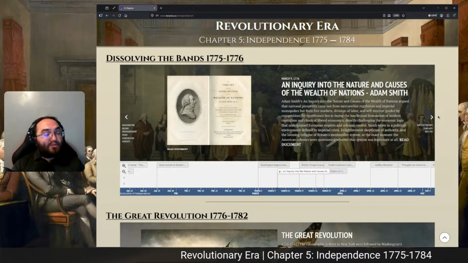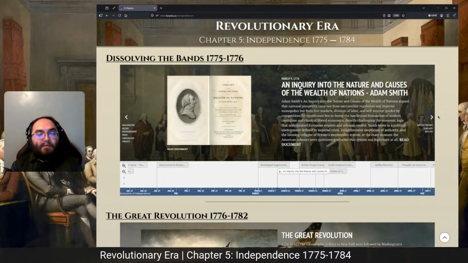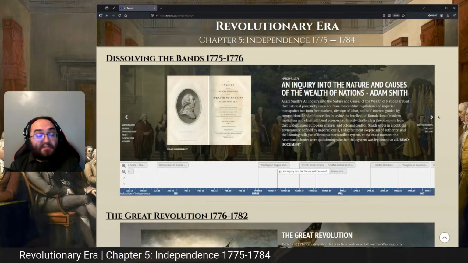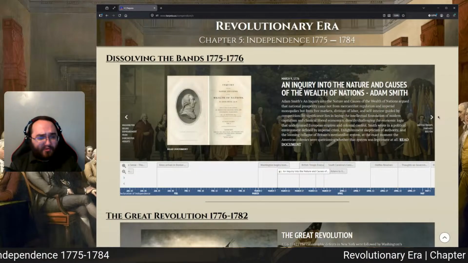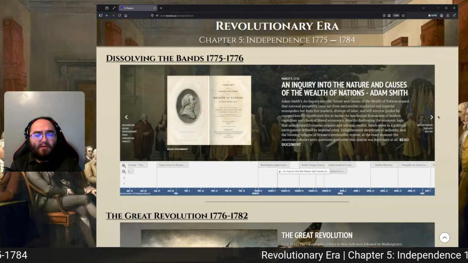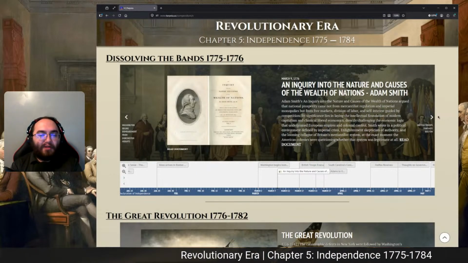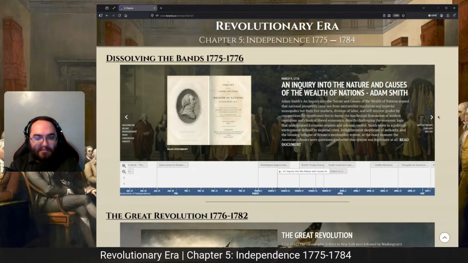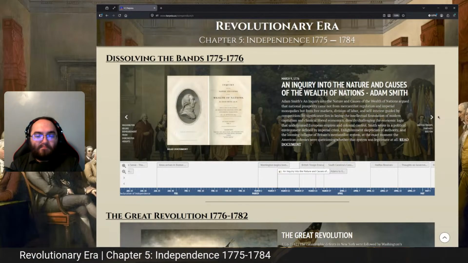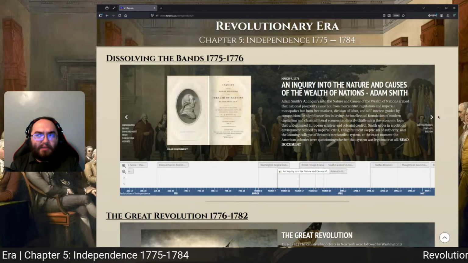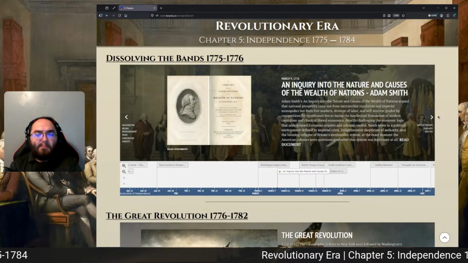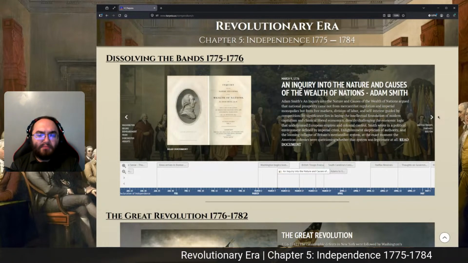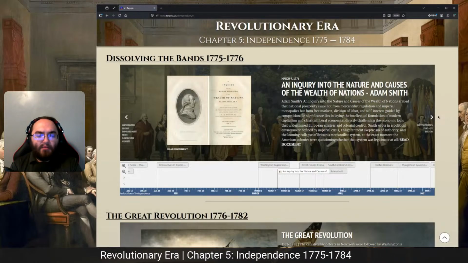And it is in March 1776 when Adam Smith will publish this very famous book, An Inquiry into the Nature and Causes of the Wealth of Nations. This is pretty much an inquiry, but also an argument against certain policies, especially mercantilist policies and regulation by Britain.